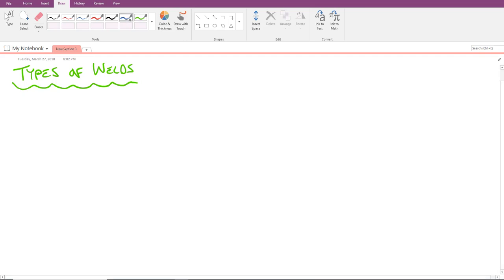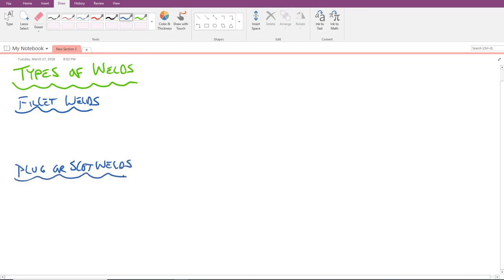There are three basic types of welds that we encounter. We have fillet welds, plug or slot welds, and groove, or sometimes called butt welds.